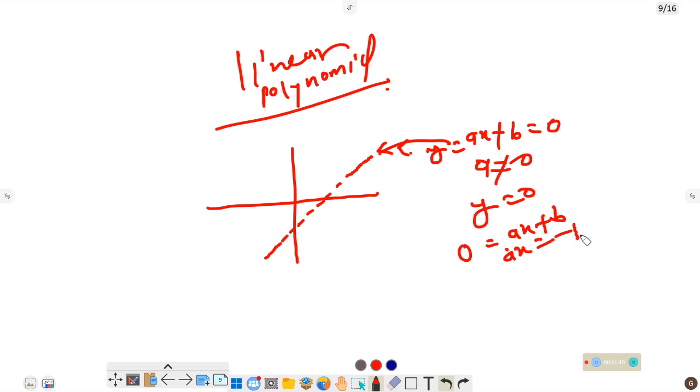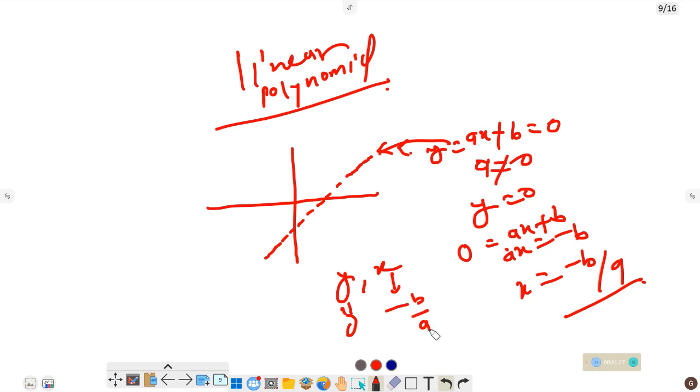So x equal to minus b by a. We get y equal to 0 and x equal to minus b by a.